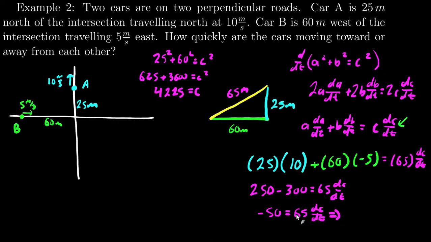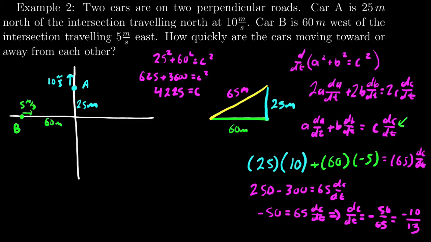And when I divide by 65, dC/dt will equal negative 50 over 65, or dividing the numerator and the denominator by 5 gives me negative 10 over 13.